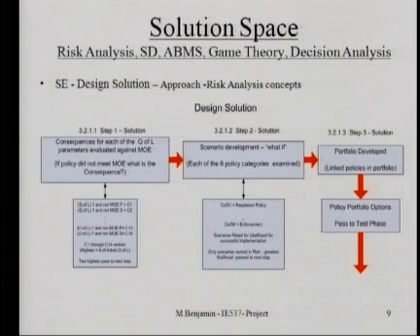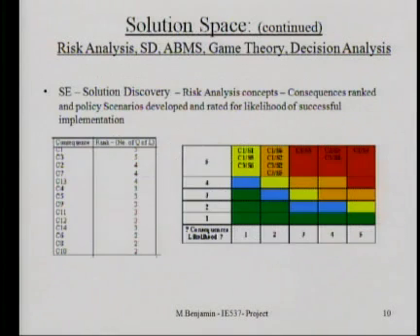Then step 3 was the policy portfolio development, and then I passed this to the test phase. So this is just a flow diagram of my approach. And I apologize, there's not a lot of text here, but these are the results, and I'll try to explain as I go through each result table.